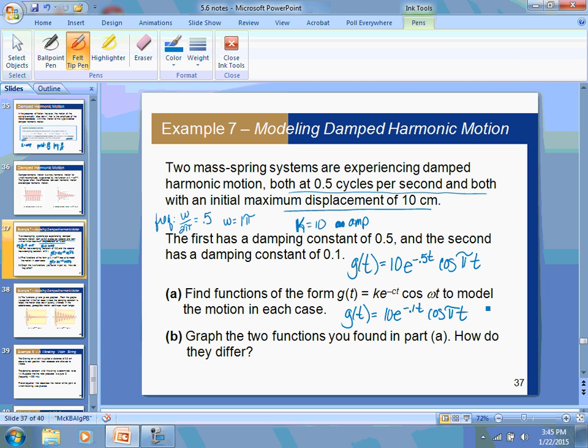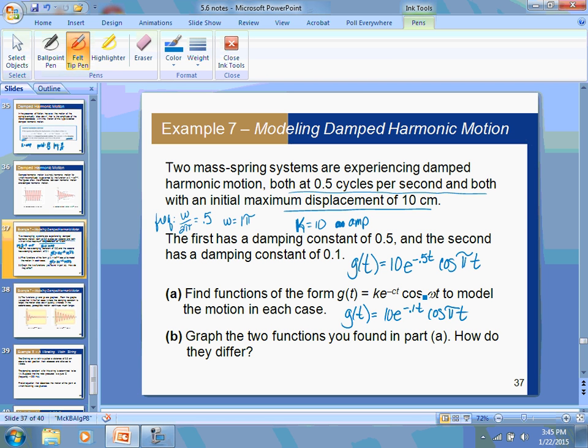And then for part B, it says to graph these and then see how they differ. Now I would graph them one at a time, and I would graph them in your graphing calculator. Okay, this is going to be a pretty complicated graph, especially since we have this e to the negative 0.5 or e to the negative 0.1. That's going to be really hard to graph by hand. So we definitely want to do this on our graphing calculator.